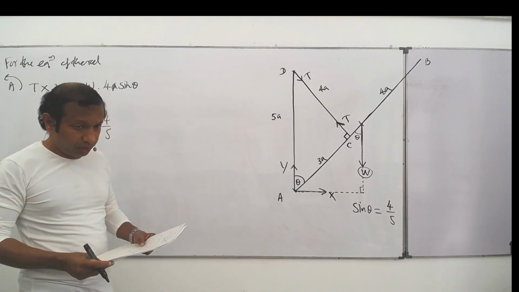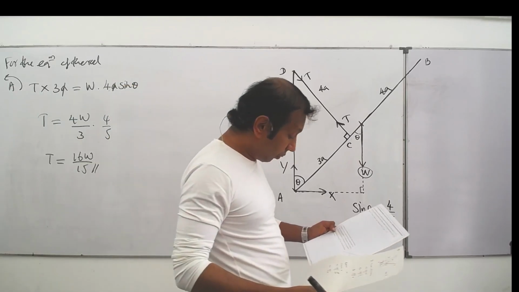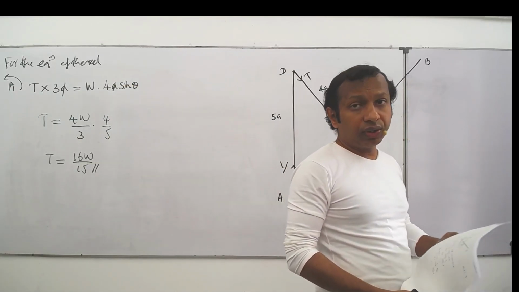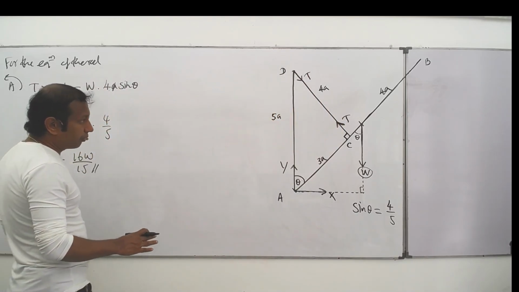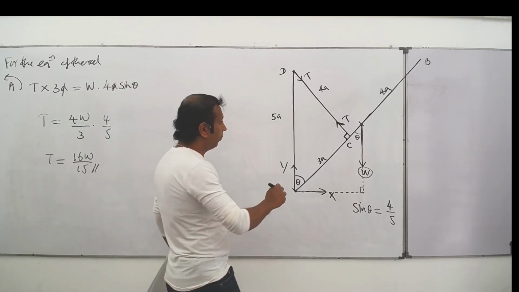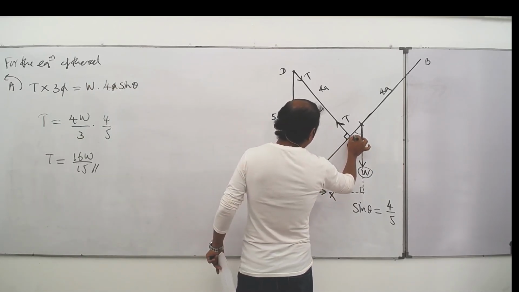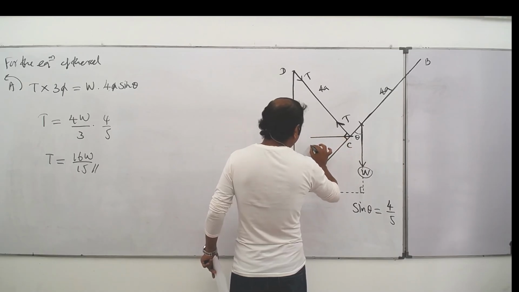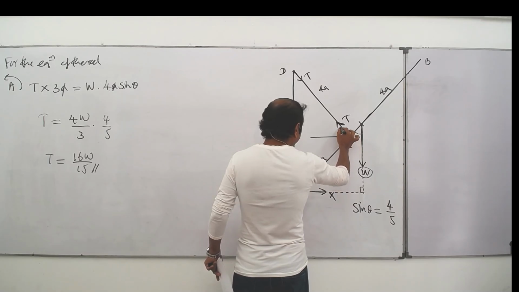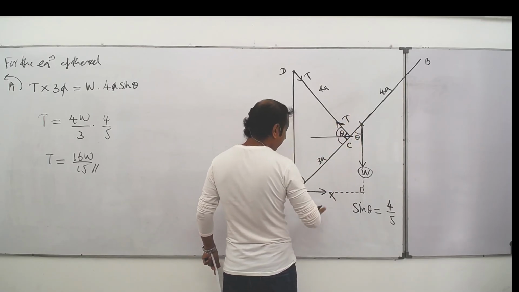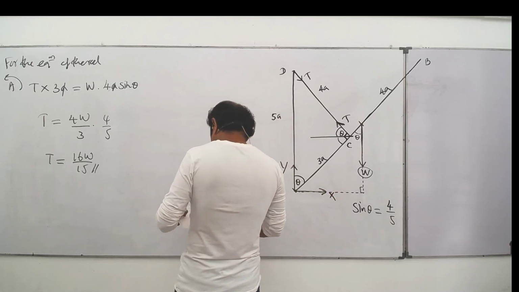Also find what? The horizontal component of reaction at A. To find the horizontal component of reaction at A, we can resolve the forces acting on the rod horizontally. If I draw a horizontal line here, if this is theta, this is 90 minus theta, this is theta. T cos theta is equal to X, right?